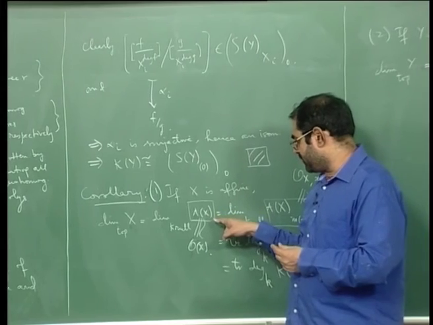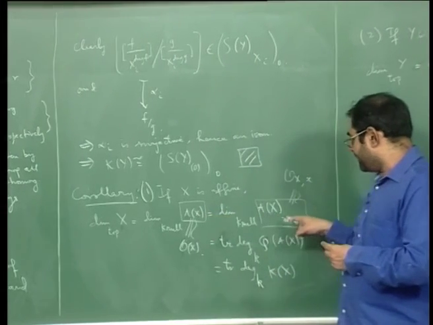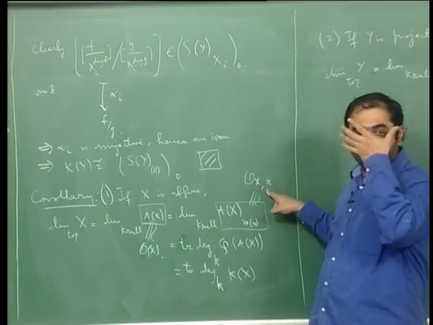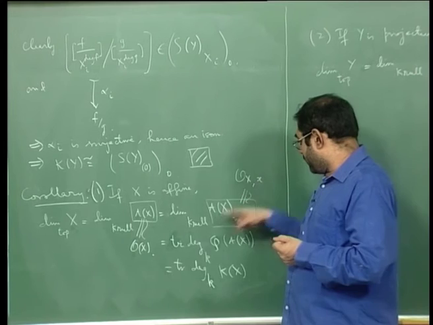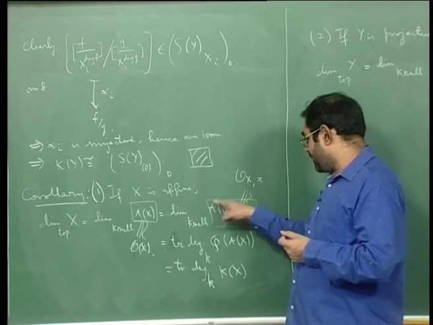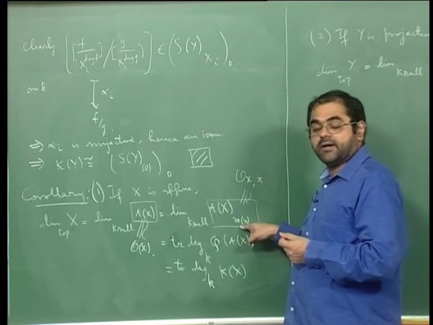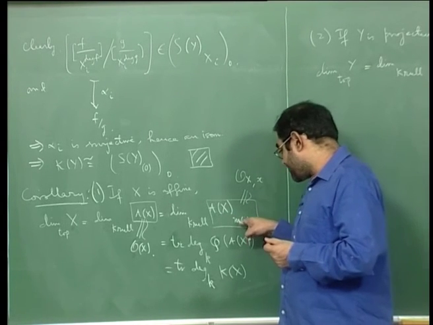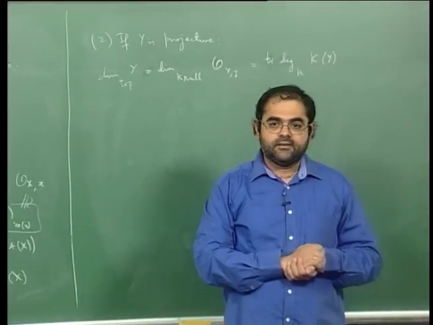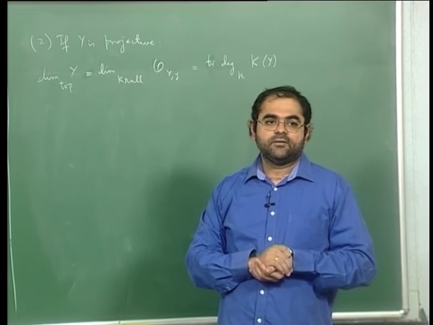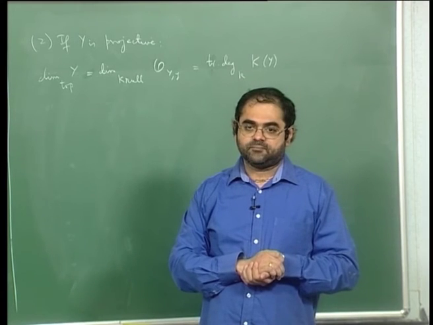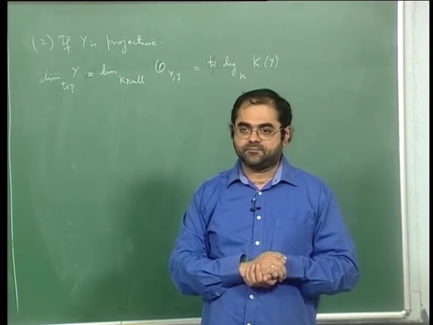But if you take the Krull dimension of the local ring, then it is just the Krull dimension of this, which is actually the same as the height of this maximal ideal, okay. Because when you localize at a prime ideal, the only prime ideals that survive are the prime ideals which are contained in the prime ideal that you are localizing, okay.